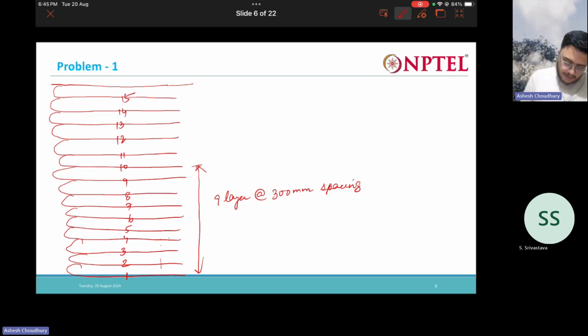Then we have 4 layers at 500 mm, and at the end we have 2 layers, right?